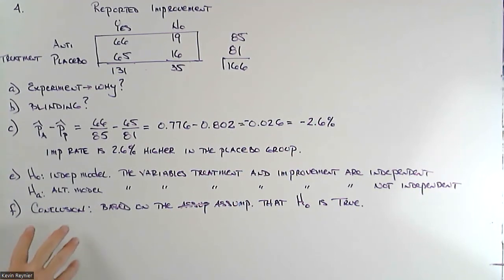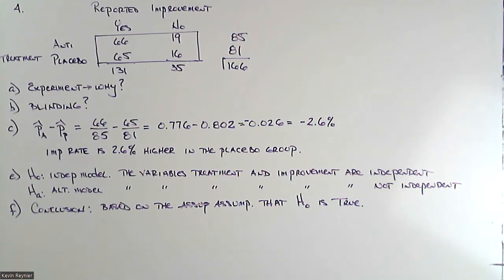When they get to part F here, though, in this problem, they flip the script. This is what we've done up until now, but now they're flipping the script a little bit. So we have to read this carefully to see what they're asking us. It says, below is a histogram of simulation results computed under the null hypothesis.